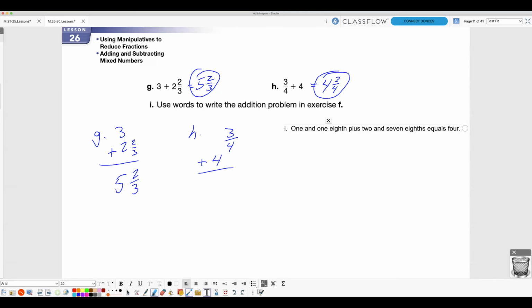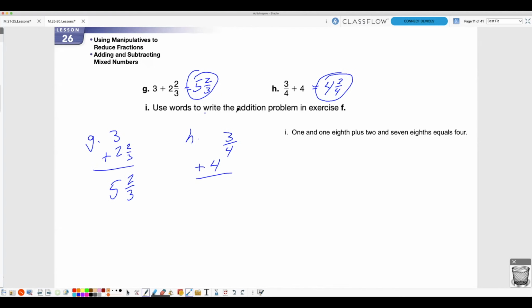And that looks like, again, that looks like this. 1 1/8 plus 2 7/8 equals 4. That's what that one would be.